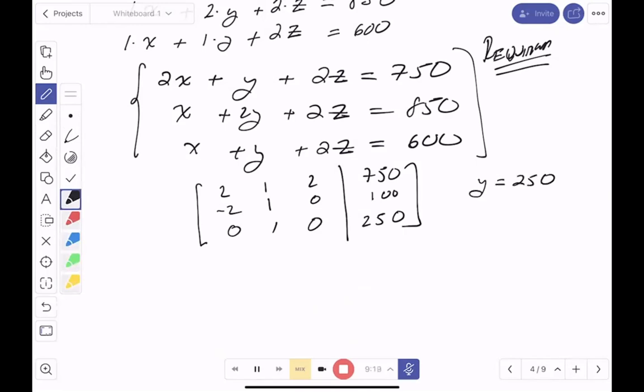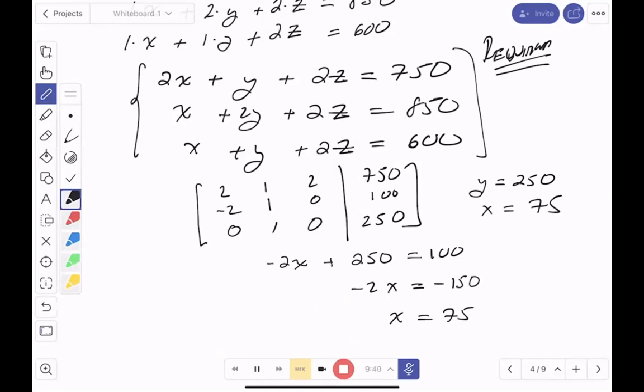I'm going to use row 2 now, and it says minus 2x plus y, which is 250, is equal to 100. Minus 2x is equal to minus 150, and x would be equal to 75. We'll check the answers later. Now I'll use row 1.